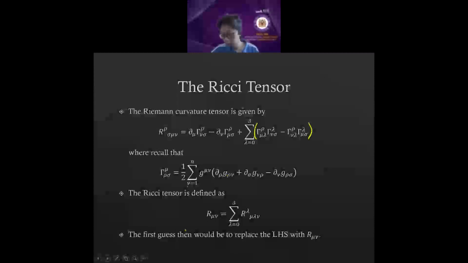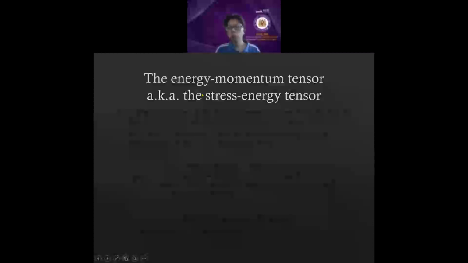Meanwhile, for the right hand side, we do have something that could characterize the matter content of a continuum, a body of matter, and that is the energy momentum tensor, or the stress energy tensor.